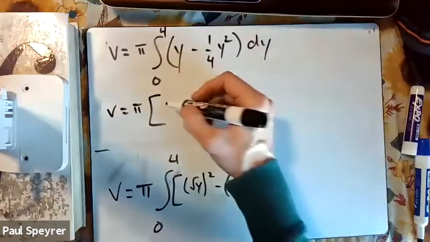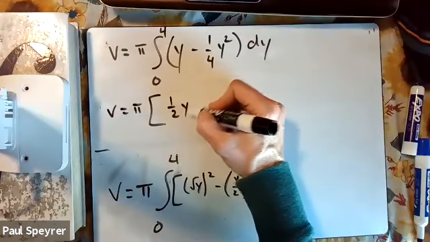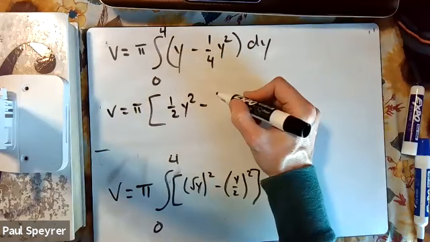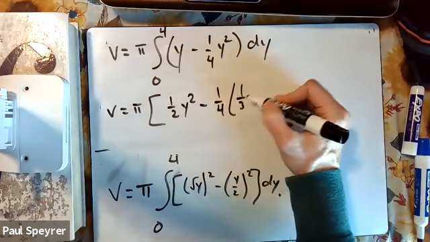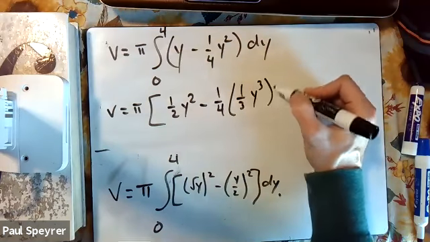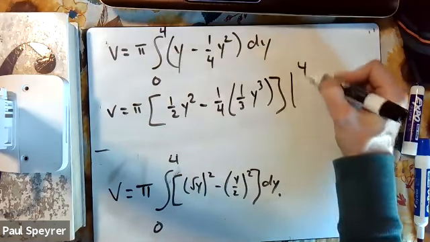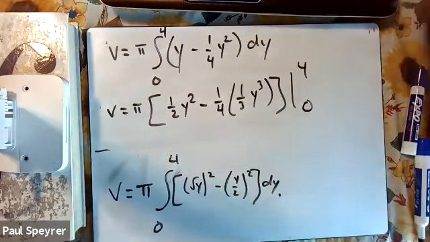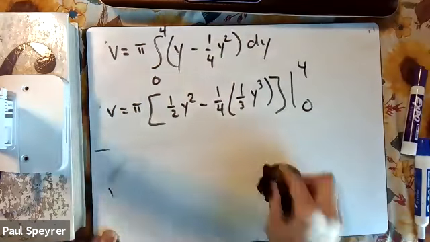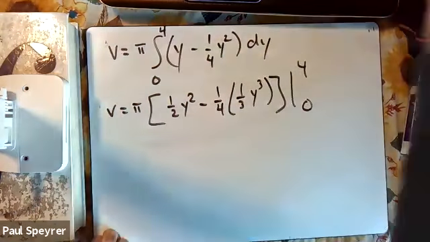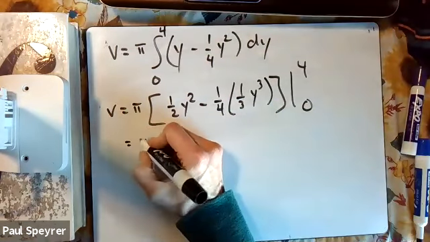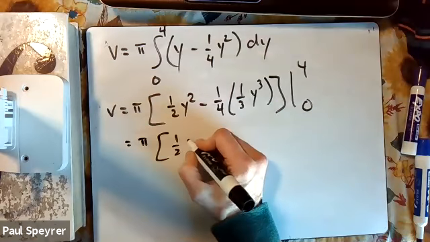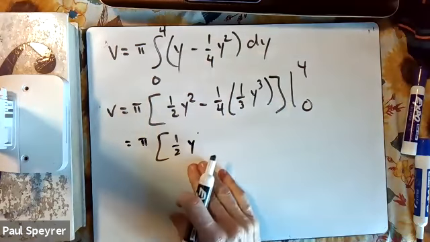So this is a half y squared, and then if you want, I'll leave it as this minus 1/4 and then 1/3 y cubed, evaluated from 4 to 0. And yes, you can multiply this in, right? This is just 1/2 y squared, or actually I'll plug the limits in.